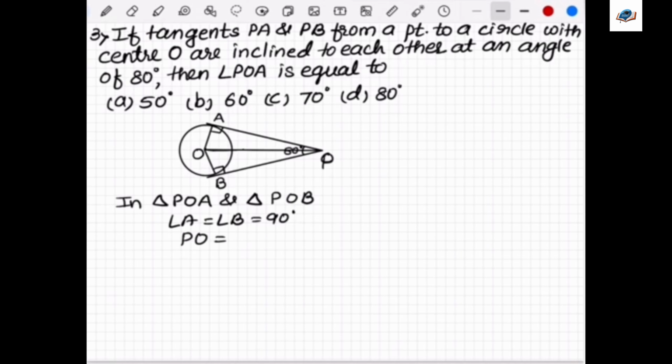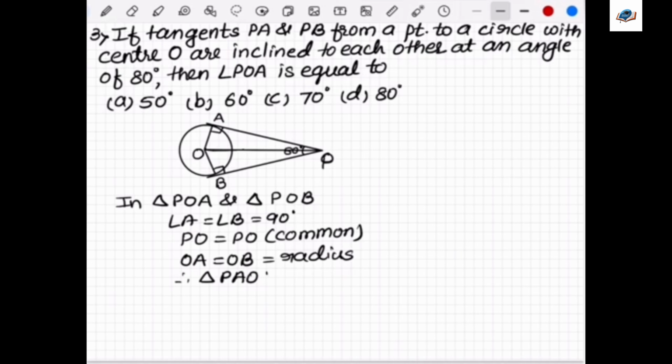Then OA equal to OB, that are radii of the same circle. So therefore triangle PAO is congruent to triangle PBO using the RHS rule. Therefore, angle POA equal to angle POB, that is 80 by 2. So that will be 40 degree.